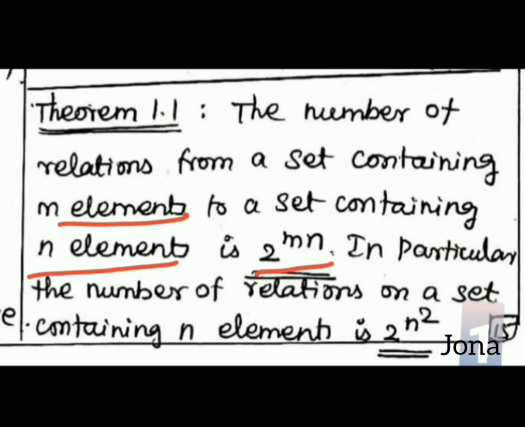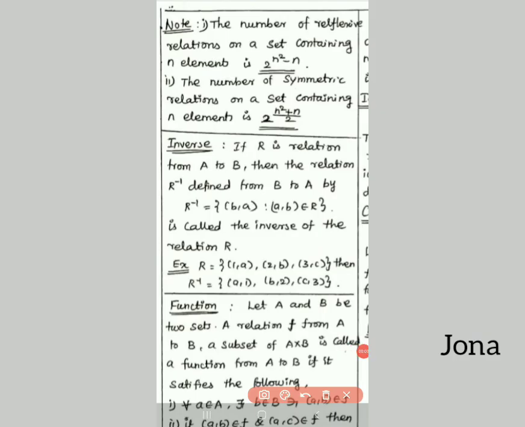Suppose the relations are on a set containing n elements each, that means n elements in set A and n elements in set B, the number is 2 power n square. It's nothing but n into n, that is n square. So 2 power n square. The number of reflexive relations on a set containing n elements is 2 power n square minus n.